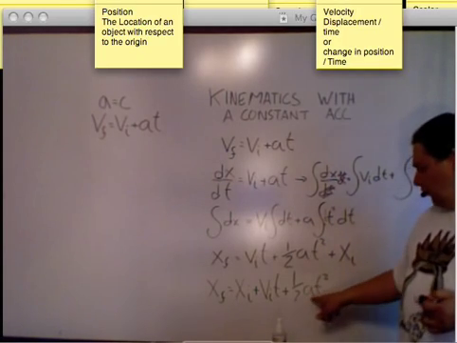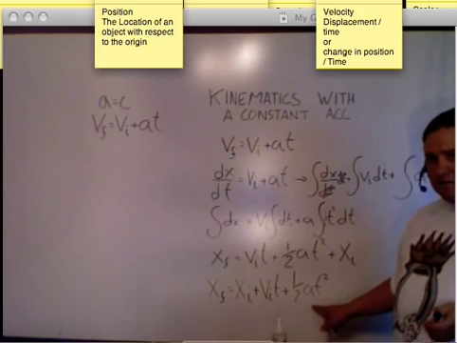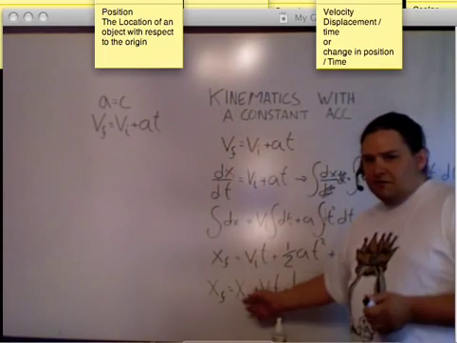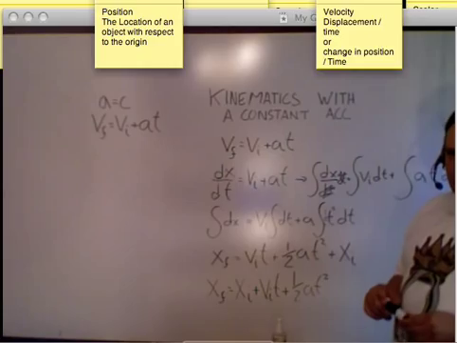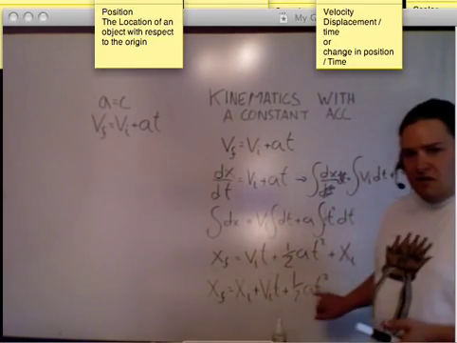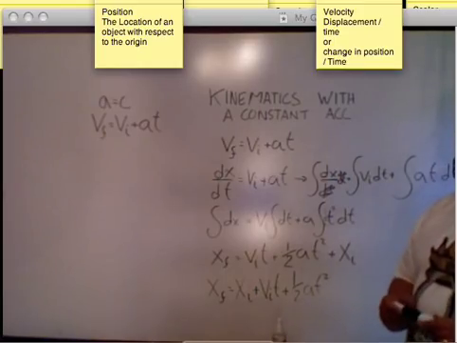So over long periods of time, this is going to have some serious ramifications. Over very short periods of time, these two terms are going to weigh more on your final position than this, unless that acceleration is massive.